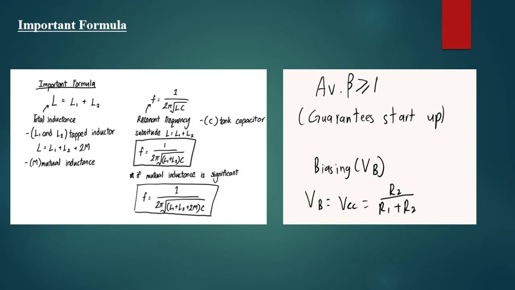If you substitute the total inductance inside, the frequency formula becomes 1 over 2 pi square root of L1 plus L2, multiplied by C. And for guaranteed startup, AV multiplied by beta must be equal to or more than 1.